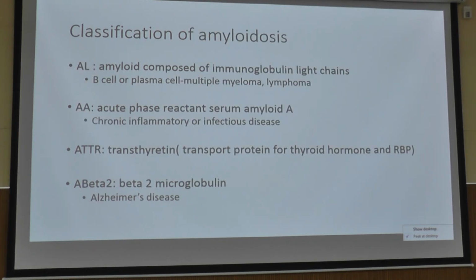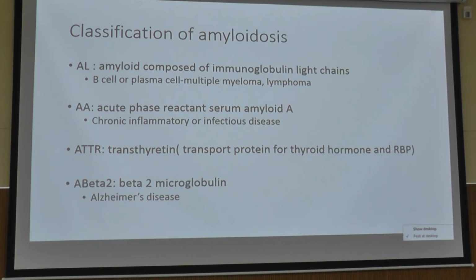Now, I told you the commonest systemic amyloidosis which we come across will be AL amyloidosis. L is for the light chains; the amyloid is composed of immunoglobulin light chains. The next one, AA amyloidosis, is one where you have any chronic inflammatory state or a chronic infectious state, like tuberculosis. You develop fibrosis, you develop bronchiectasis, then you develop amyloidosis.